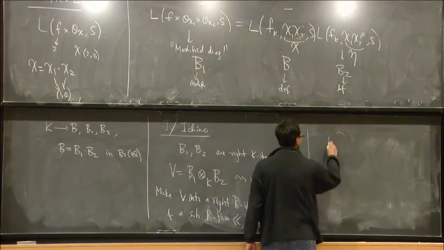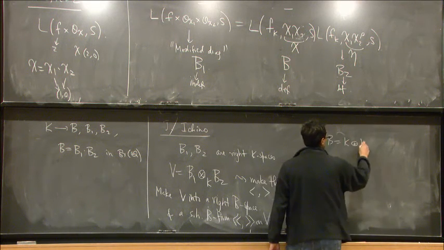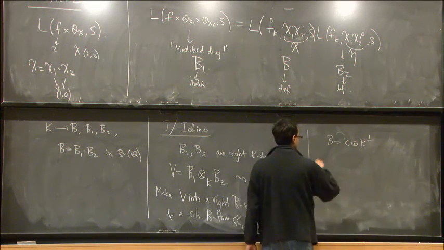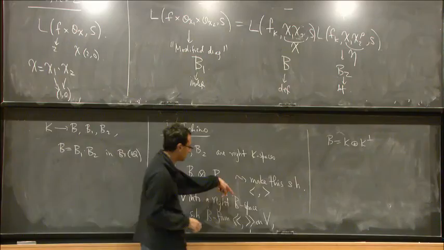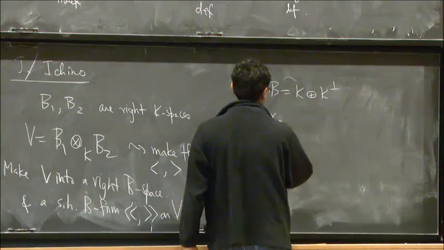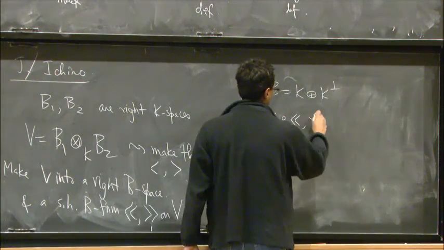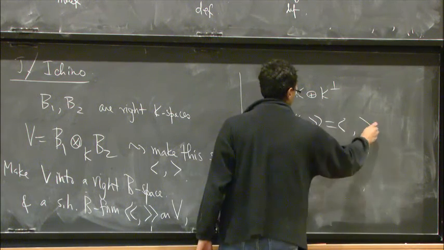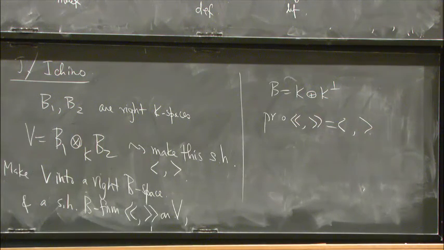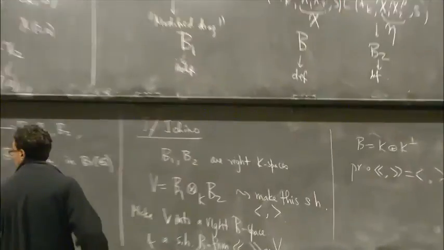So B is going to be K plus the orthogonal complement to K. So you can project onto the first factor, and the relation between the forms is going to be that when you project the B-valued form, you recover the K-valued form. OK? All right, so what does this buy you?